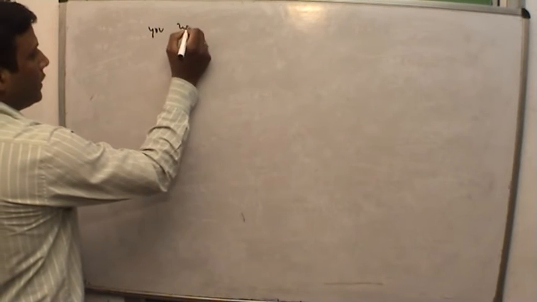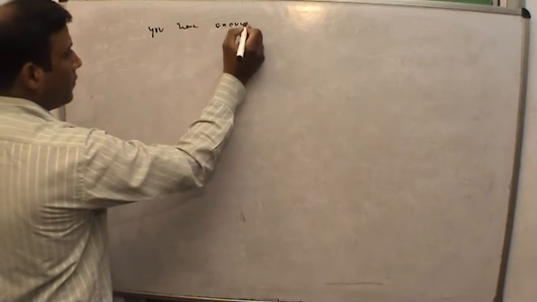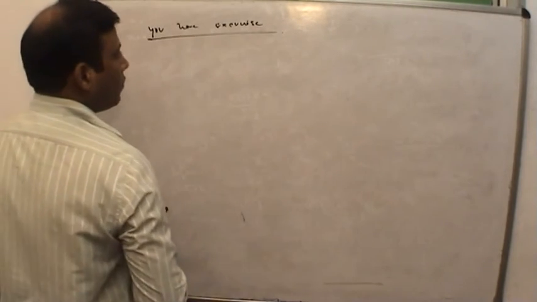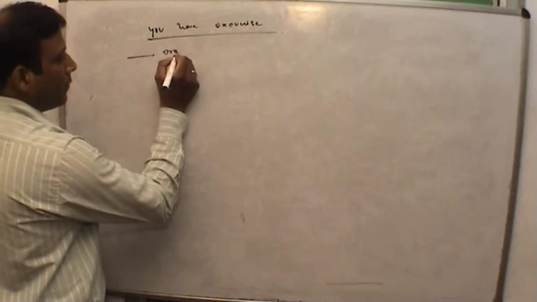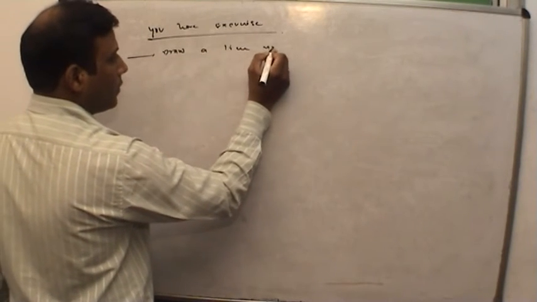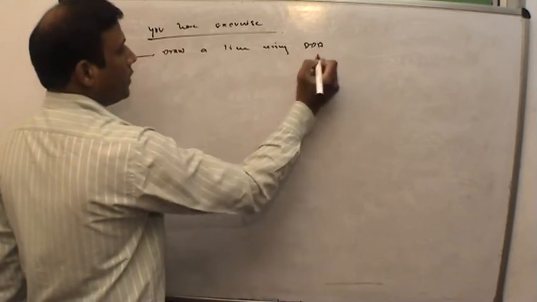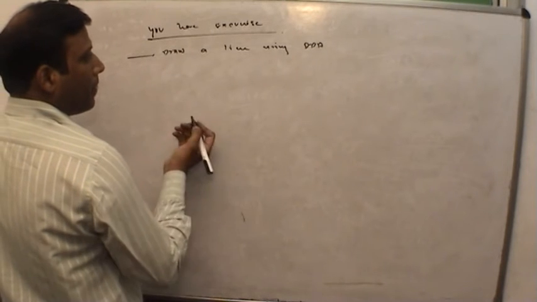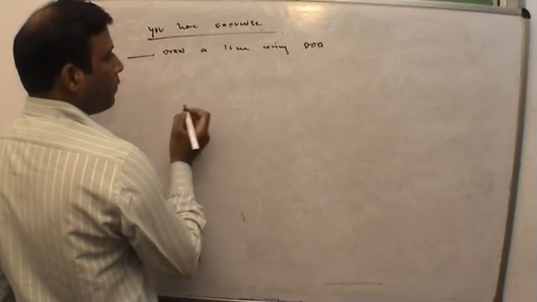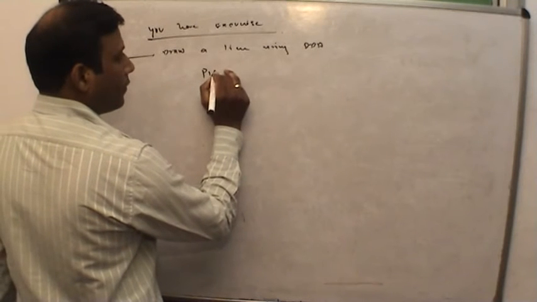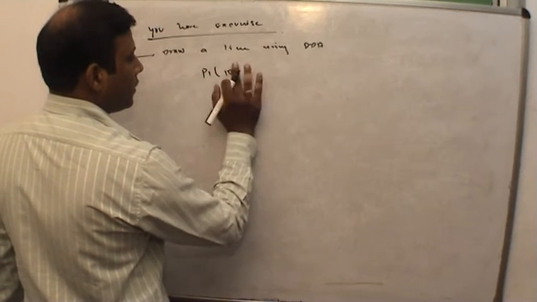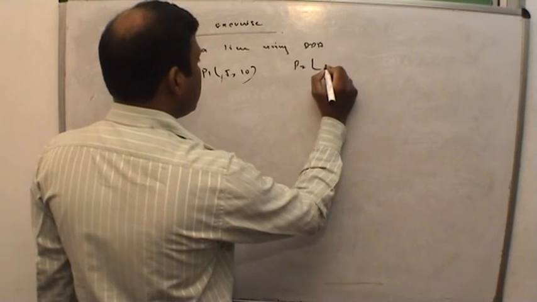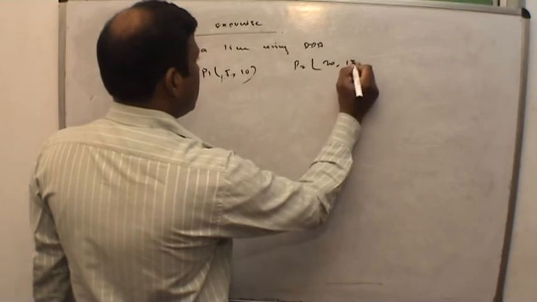So you have an exercise: draw a line using DDA if P1 is 5,10 and P2 is 20,18.